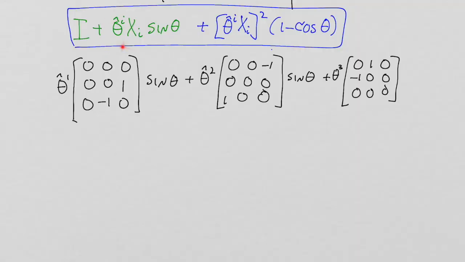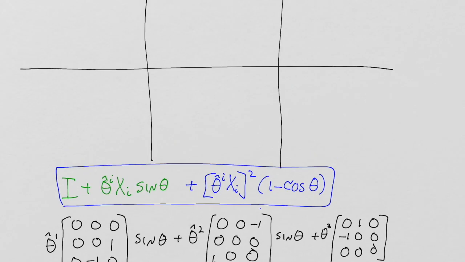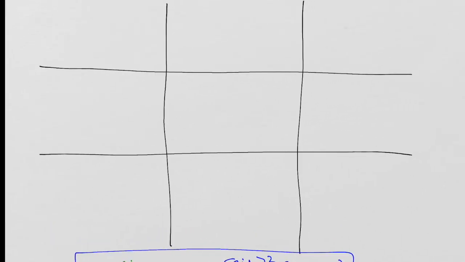So let's just look at this term first. You just blow it up, and you're going to see that in the final matrix, you're going to have a theta hat 1 sine theta in the 2, 3 position. So I can go over here to the 2, 3 position, and I can write theta hat 1 sine theta.